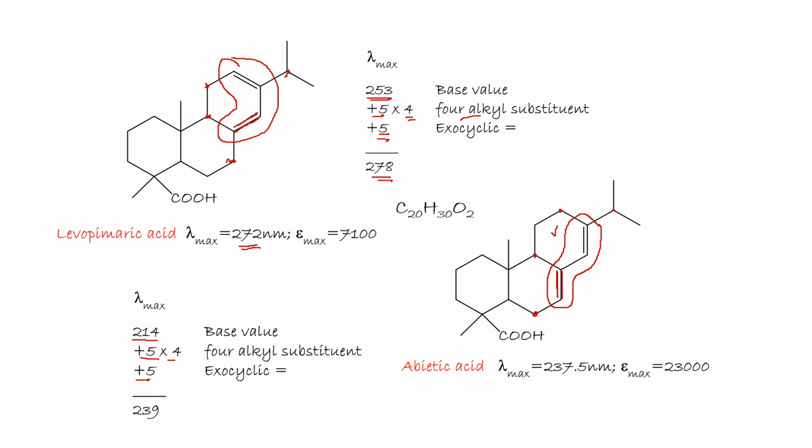So we add 5. So the total is 239, and observed is 237. Well, they are matching well, and here they are matching well, and there is a clear difference in the lambda max value.